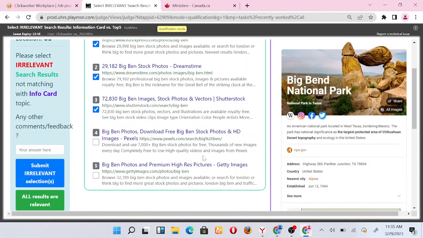If you look at the site here, there's nothing. So they're talking about the clock. So they are all not relevant because they are not talking about the national park. So we are just saying the same thing.